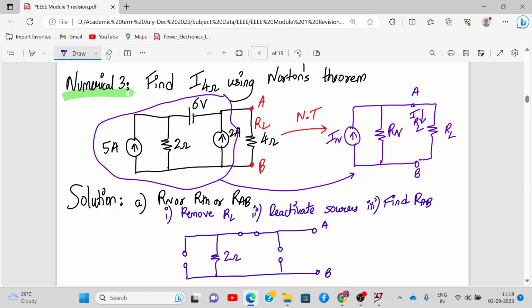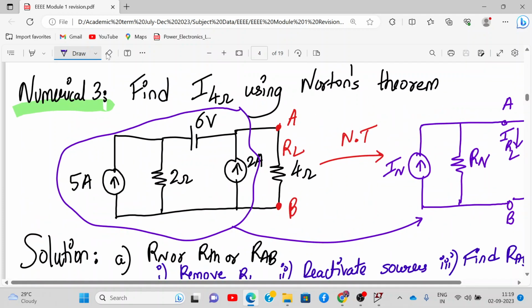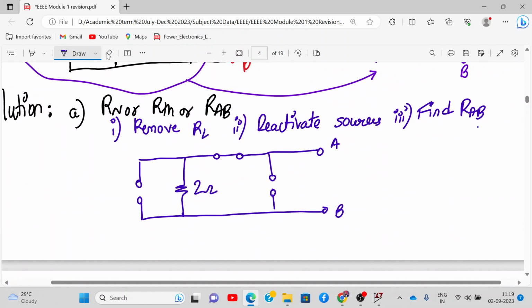Now tell me what is RAB from here. What do you see? How much is RAB? This is open circuit, this is short, this is open again. Come on, tell me. It is in front of you.